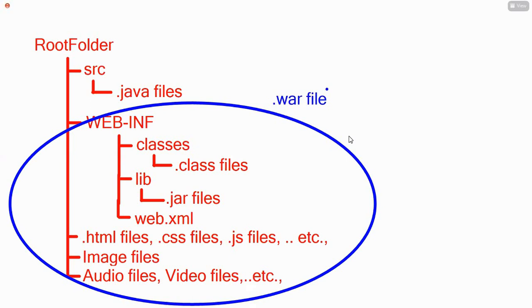Only one program I'll teach without Eclipse, because without Eclipse it takes more time to explain. With Eclipse it is very quickly possible. With Eclipse, in 5 minutes you can write one program. Without Eclipse, it will take half an hour.